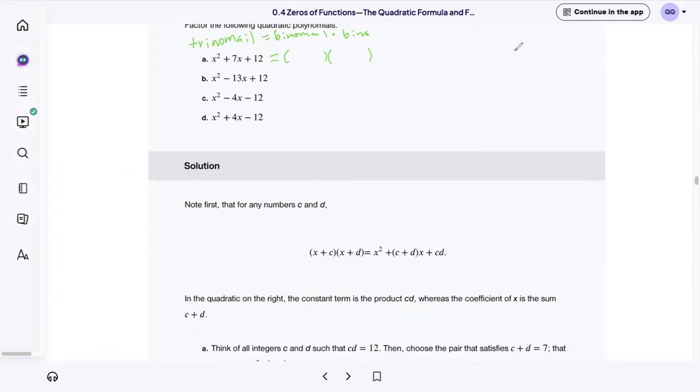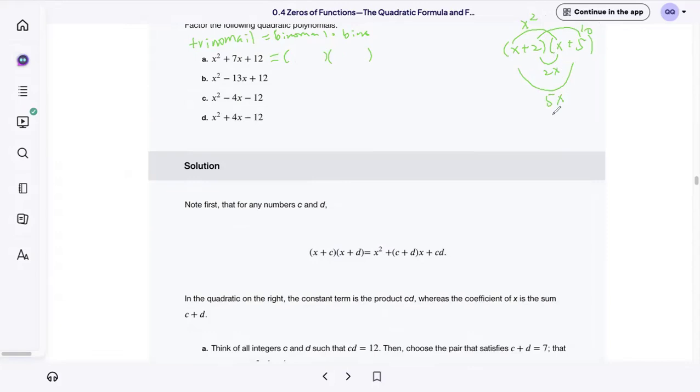Remember last class, we did the FOIL, right? If we have, let's say, x plus 2 times x plus 5, what we do is x times x is x squared, 2 times 5 is 10, 2 times x is 2x, x times 5 is 5x.